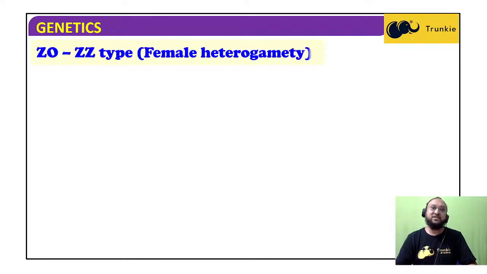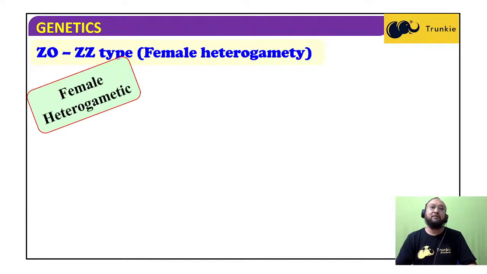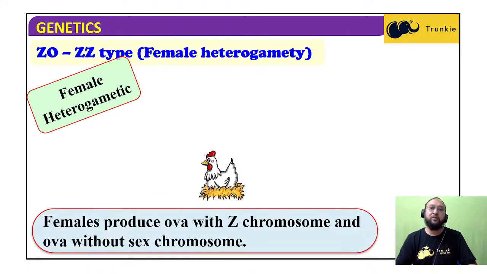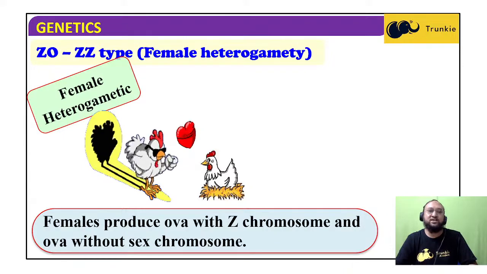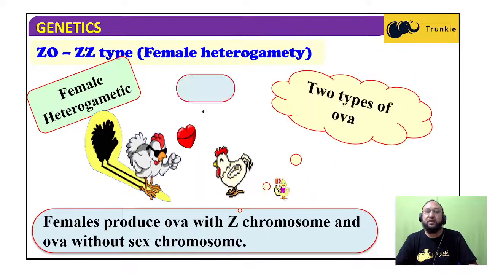And in Z0-ZZ type female heterogamety, females are heterogametic. Females will produce ova with the Z chromosome and ova without a sex chromosome, so two types of ova.